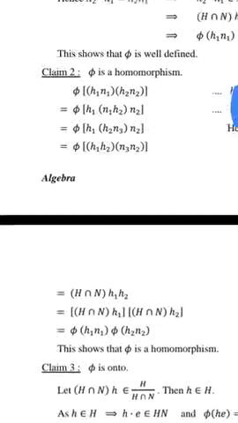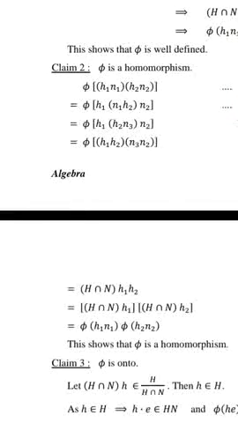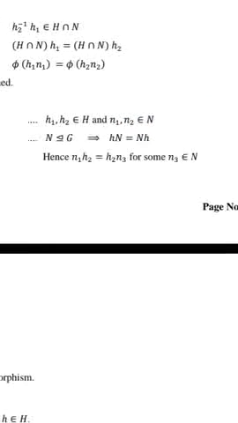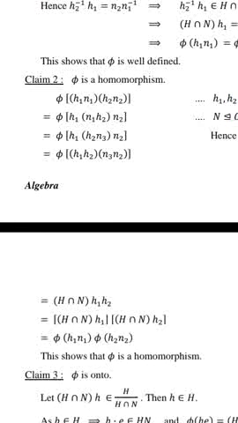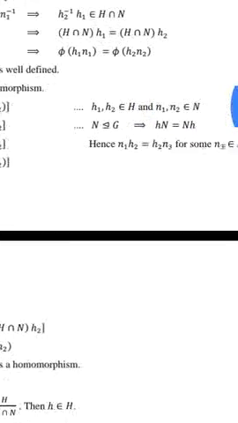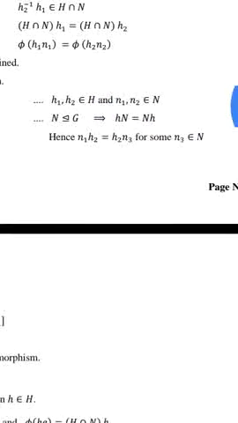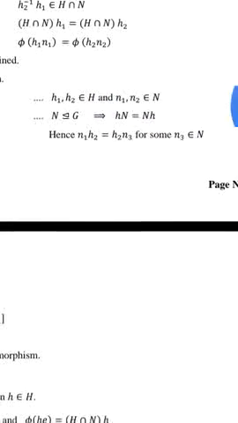Now we have to prove that phi is a homomorphism. Phi of h1 n1 h2 n2, where h1, h2 belong to H and n1, n2 belong to N. N is a normal subgroup of G and so Hn is equal to nH.